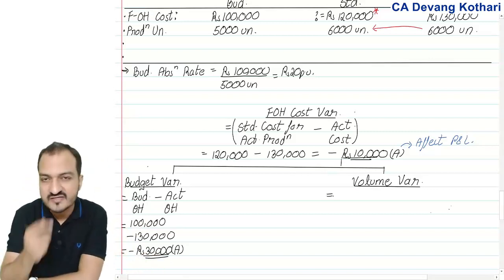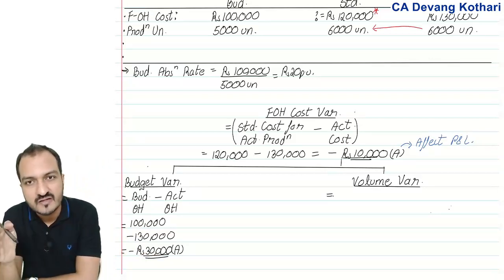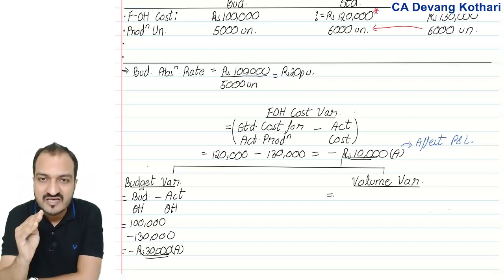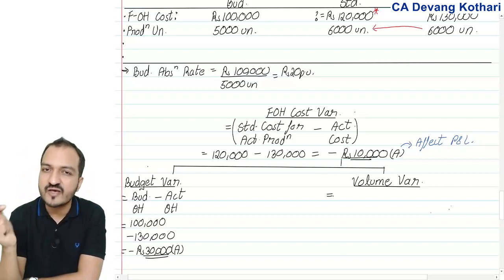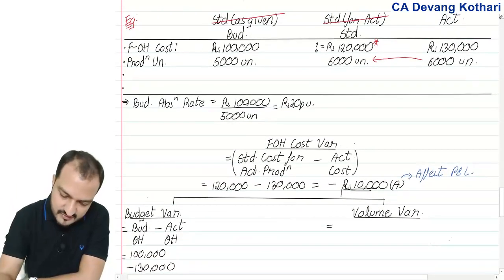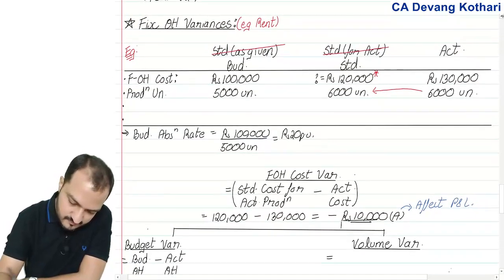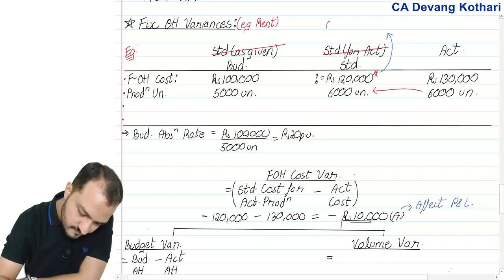Volume variance indicates how much extra cost I showed in the P&L because of extra units, because of extra volume. See, imagine this 1,20,000 as if it is absorbed overheads.